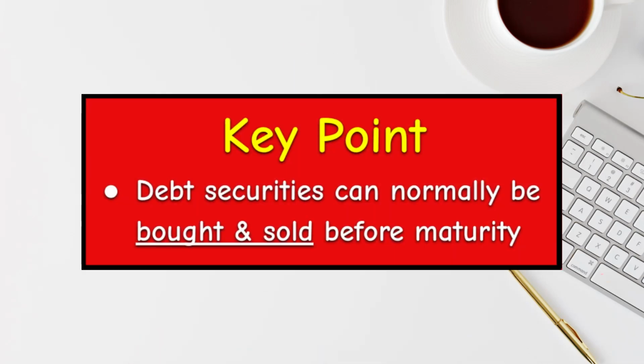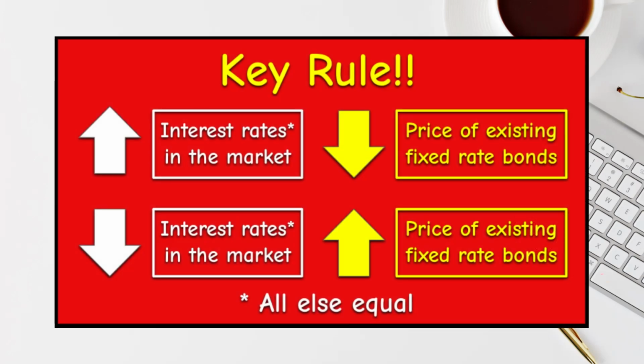As you know, interest rates change regularly and new bonds are issued often. An investor can normally sell a bond before maturity if they wish at a market price, and can normally buy a bond before it matures from another investor. This brings us to a key rule about bonds and interest rates.